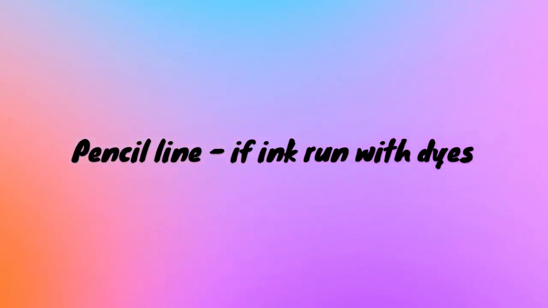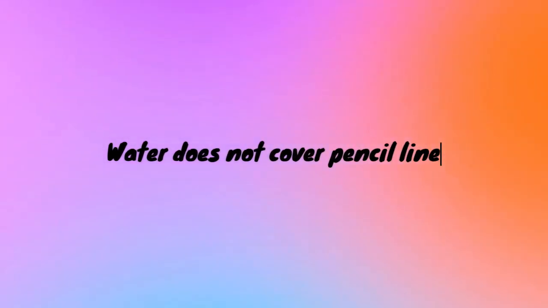This is because if it was drawn in ink, that ink would run with the dyes or the mixtures that we are essentially testing with paper chromatography. We need to ensure that our water or our solvent does not cover the pencil line, because if it did, the inks or the mixture would dissolve into that solvent, okay?